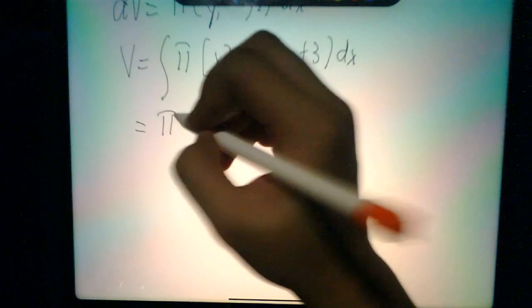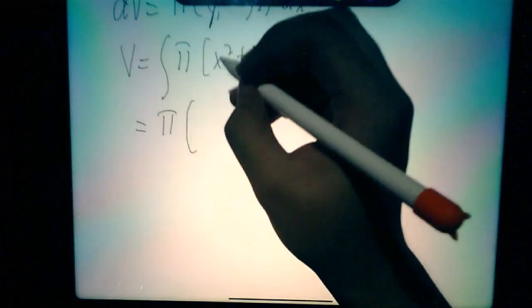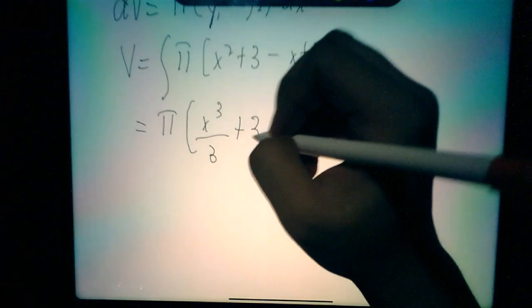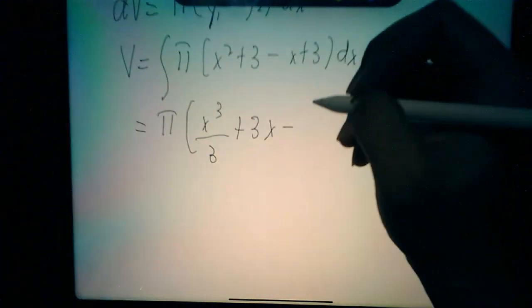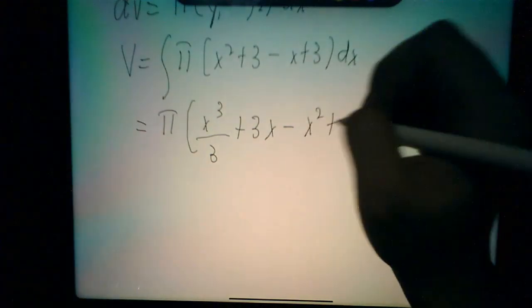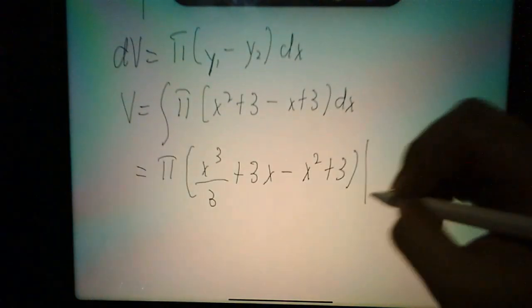So pi, integration of the x squared here will become x cubed over 3 plus 3x minus x squared plus 3x from limits 0 to 4.